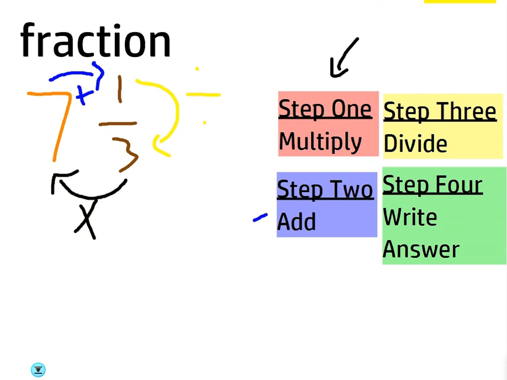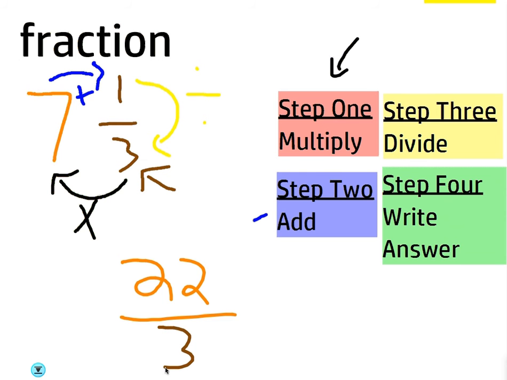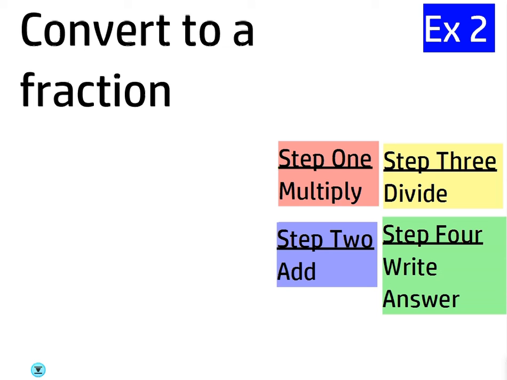So what is 3 times 7 plus 1? 22. Then all we have to do from that point is write the original denominator, and we're done. That's why I think this is actually easier than going from an improper fraction to a mixed number. Just multiply, add, and then divide by the original denominator. Then step 4, of course, is to write your answer down.